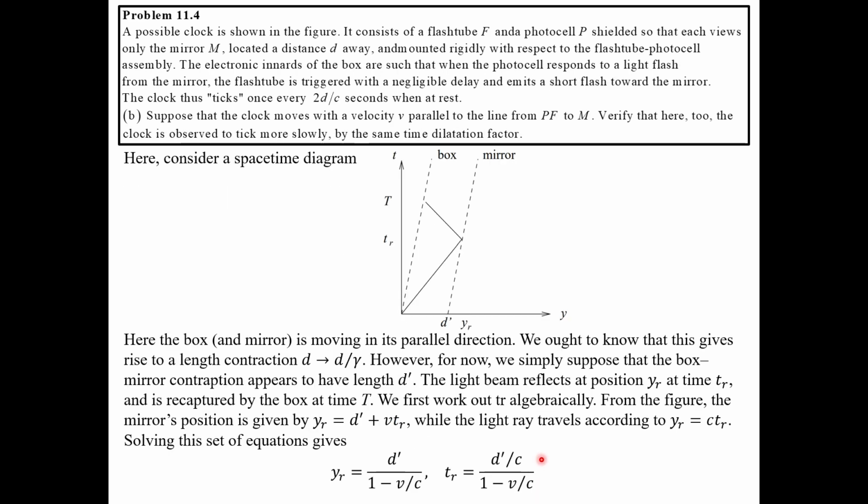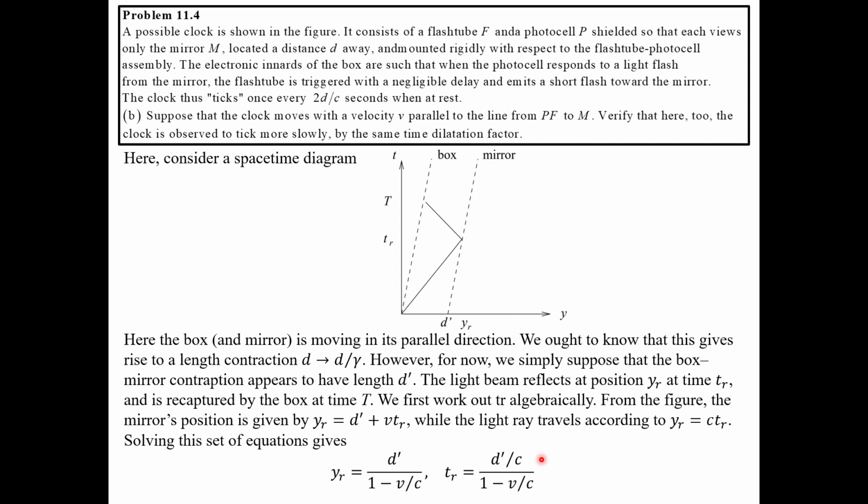And for problem B, suppose that the clock moves with the velocity parallel to the line from P/F to M. Verify that here, too, the clock is observed to tick more slowly by the same time dilation factor.